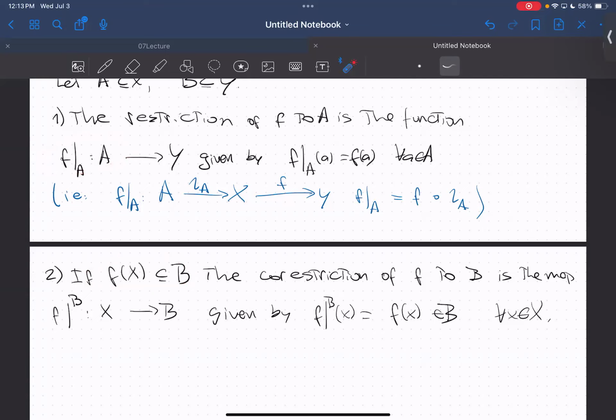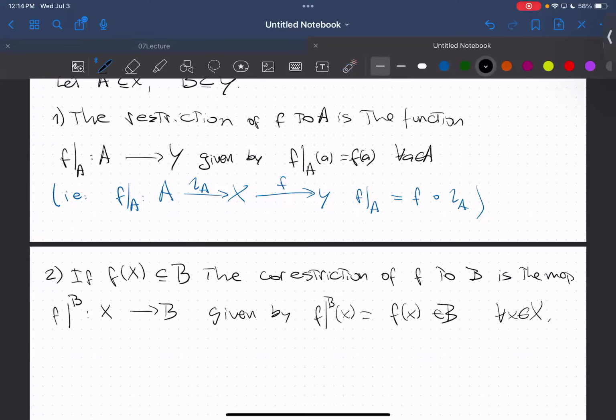On the other one, under an extra assumption, I'm reducing the codomain. Yeah, like Edward said, here you're restricting this side, here you're restricting this side. Right. But the thing is, you can always restrict the domain. You cannot always restrict the codomain. That depends on the set you have.